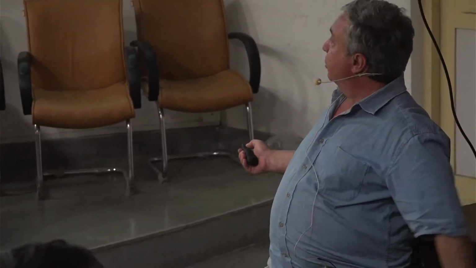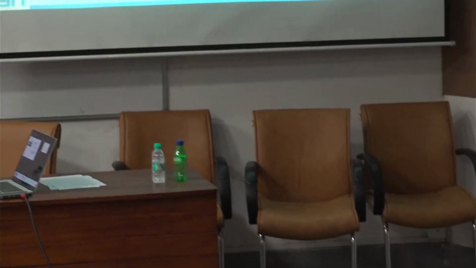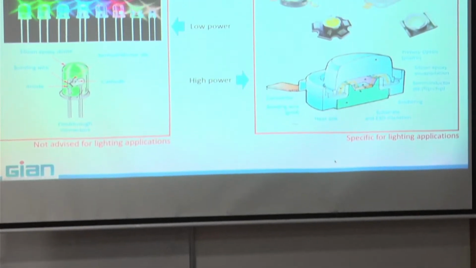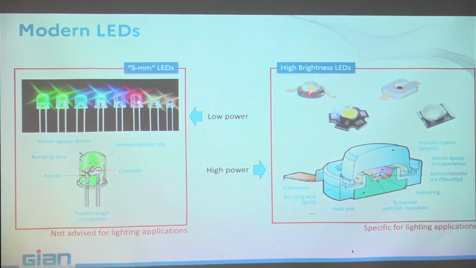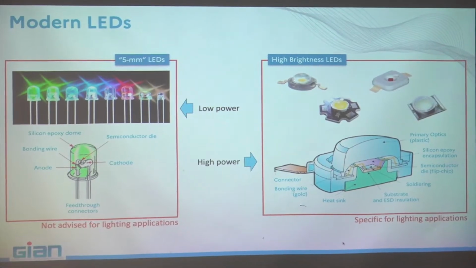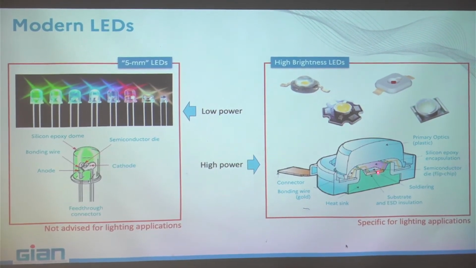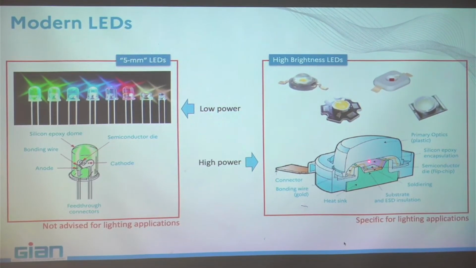For lighting, we use the high power LEDs or high brightness LEDs. They have different forms, contrary to that. And in fact, what is inside, you have a crystal, a PN junction of two crystals. I will show you how. After, in the middle, on the top, we add a fluorescent material in order to get white light.